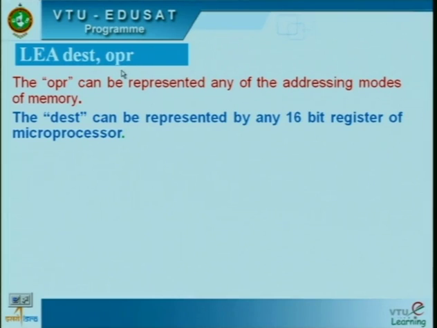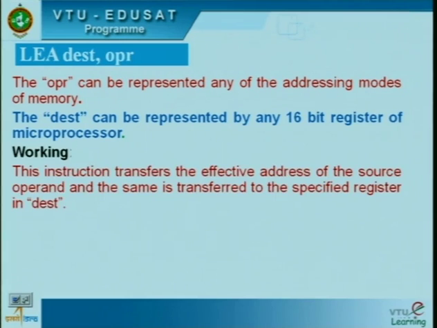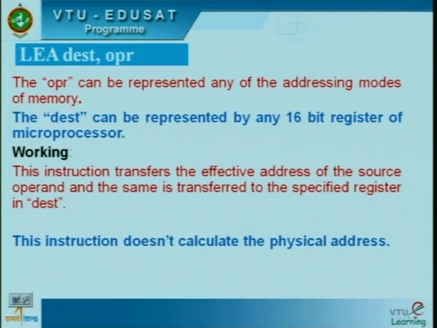The destination can be represented by any 16-bit register of the microprocessor. How does it work? This instruction transfers the effective address or the offset address of the source operand, and the same is transferred to the specified destination register.